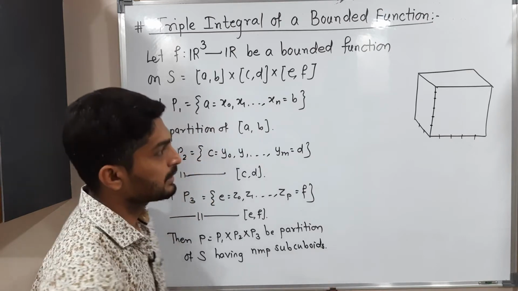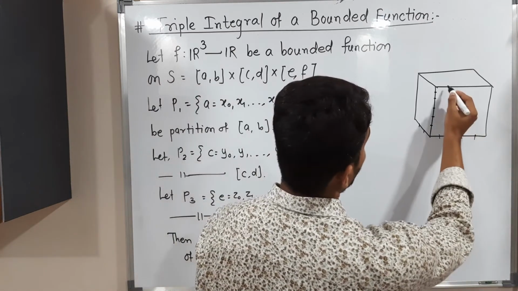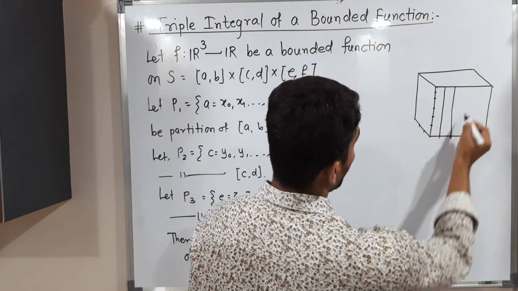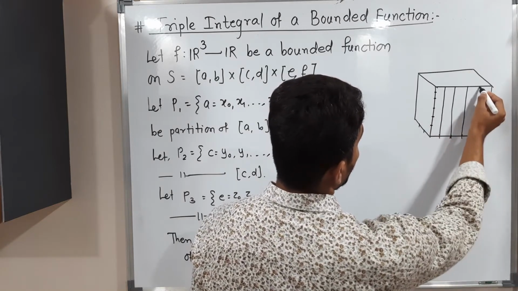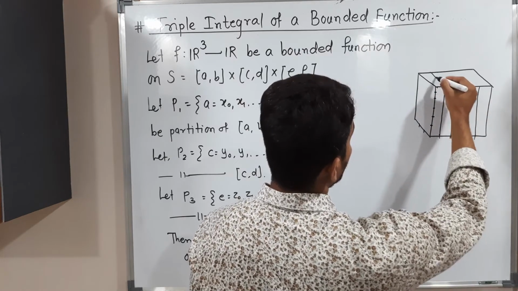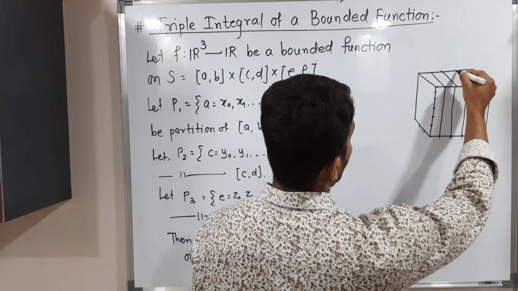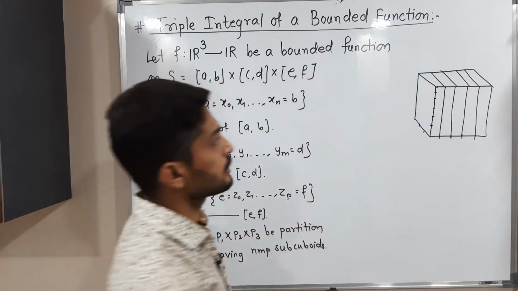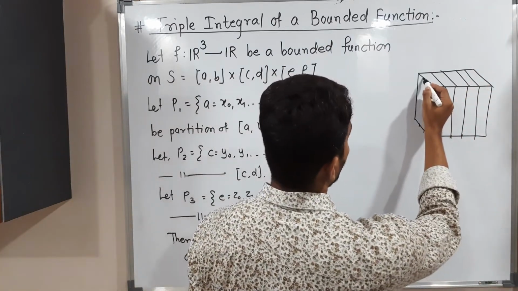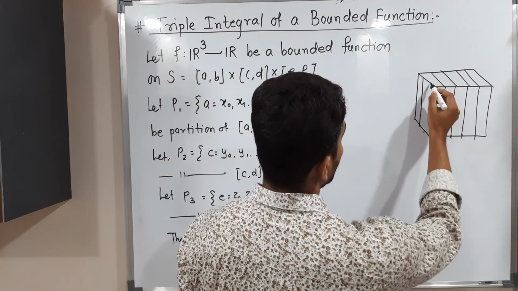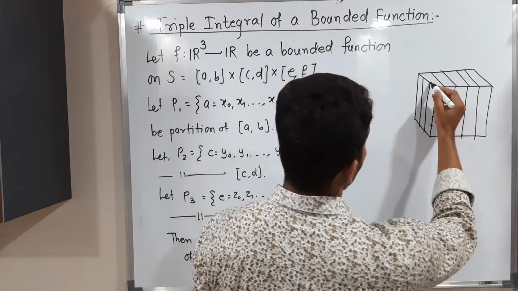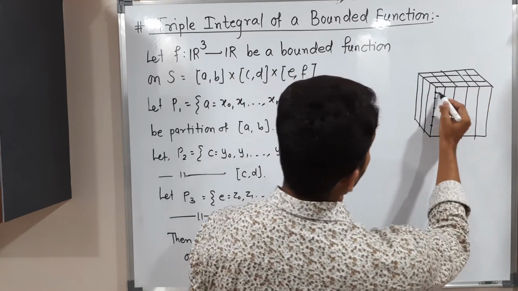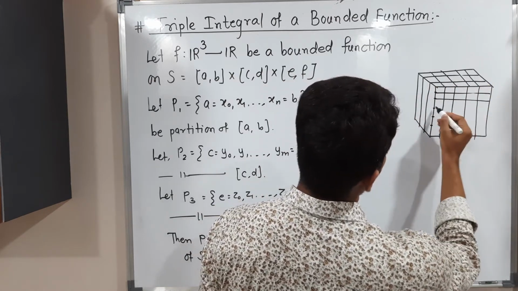See what is happening, I will show you. Because of the partition of AB, we will have slices, layers like this. Because of this partition, that cuboid will be divided into these layers. Because of this partition, it will be divided into this part.